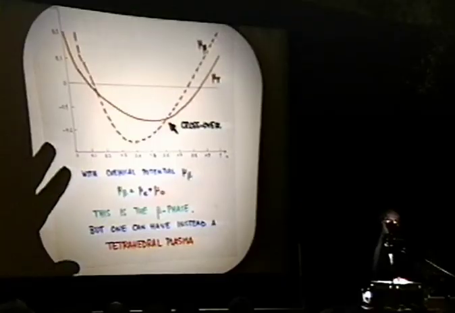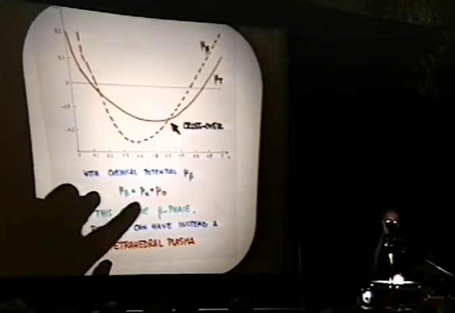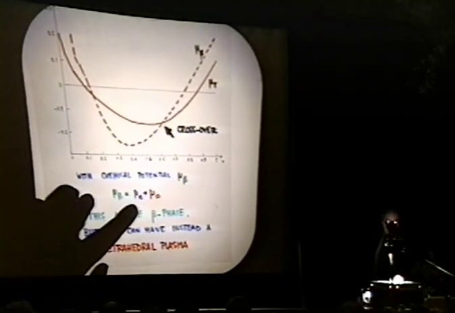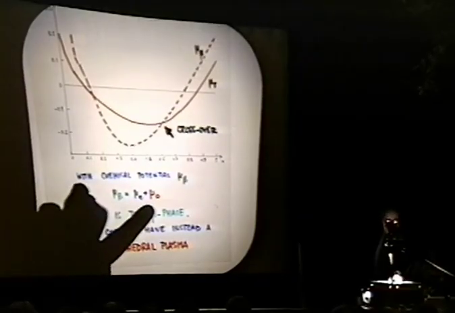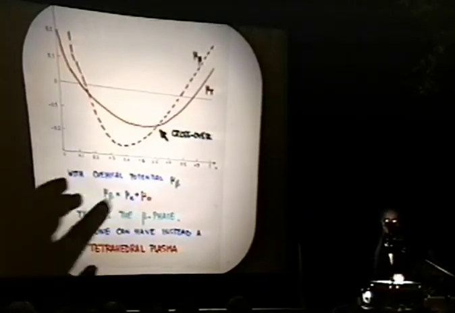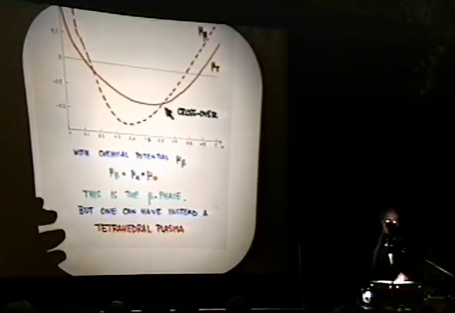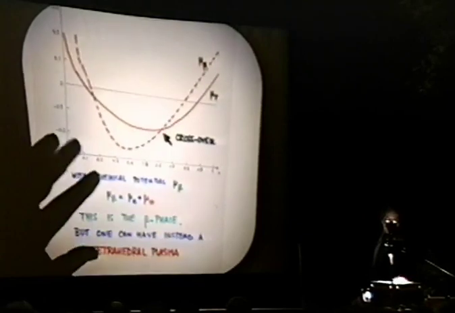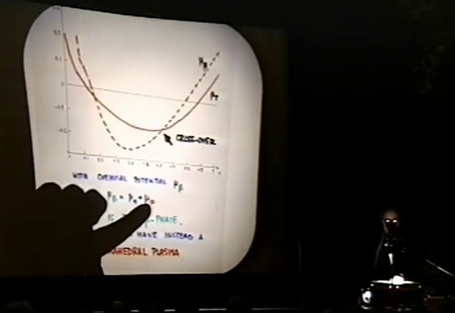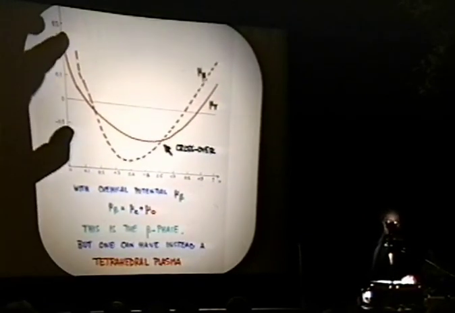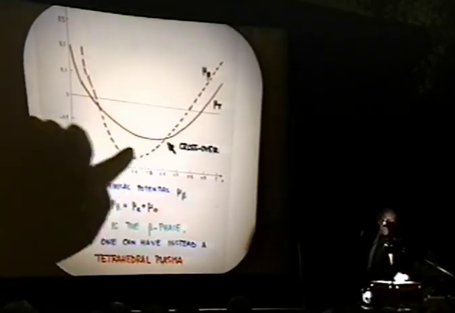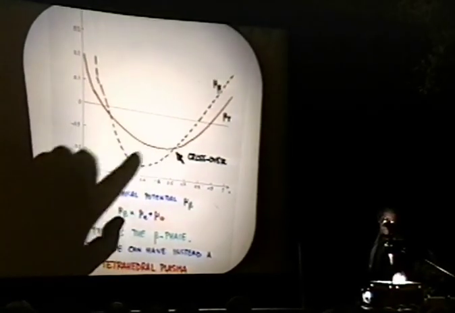Now the chemical potential is again the sum, for the beta phase and the gamma phase, of the electron chemical potential and the chemical potential of the octahedral plasma, which is the beta phase, but one can have instead a tetrahedral plasma. And the interesting thing is that there is a crossover here.